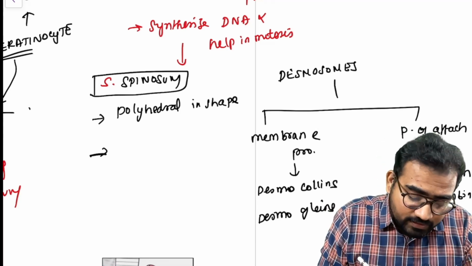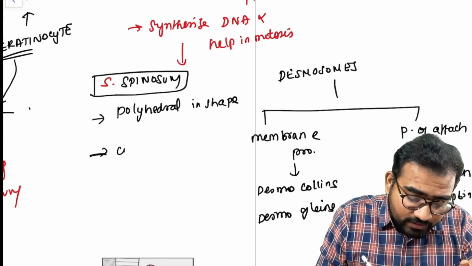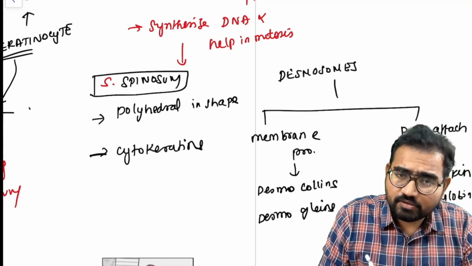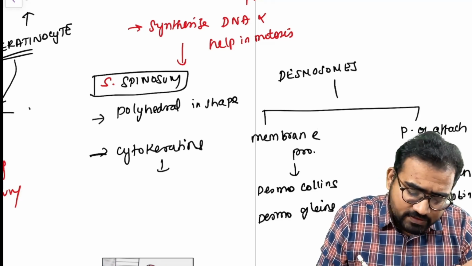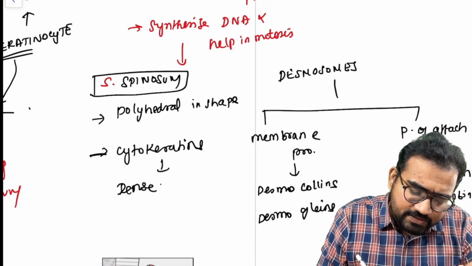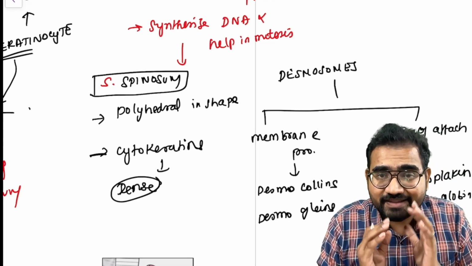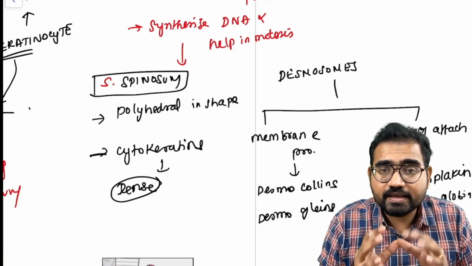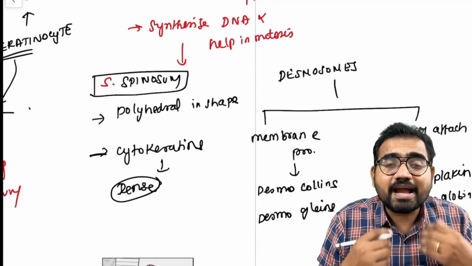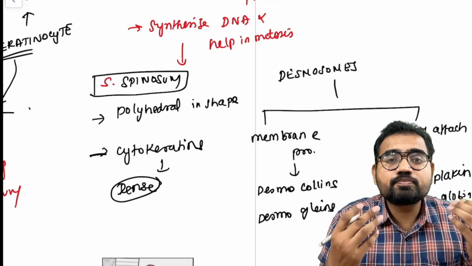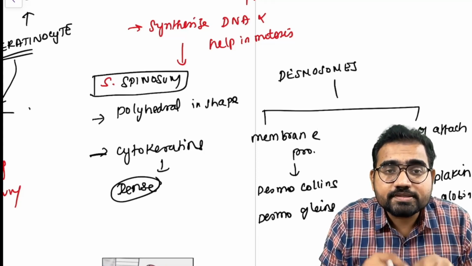The filaments, that is your cytokeratins, are nothing but intermediate filaments. These cytokeratins will be extremely dense. Any cell which is dense has increased activity; the cell is trying to produce a protein, which in this case is keratin.